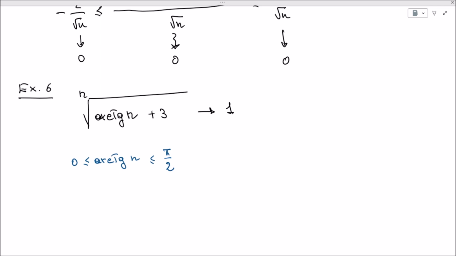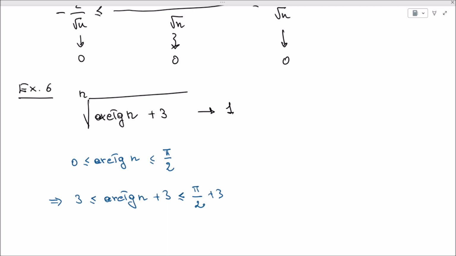So if we sum 3 to each and every term, we have that 3 will be less than or equal to arc tangent of n plus 3, and this will be less than or equal to pi over 2 plus 3.